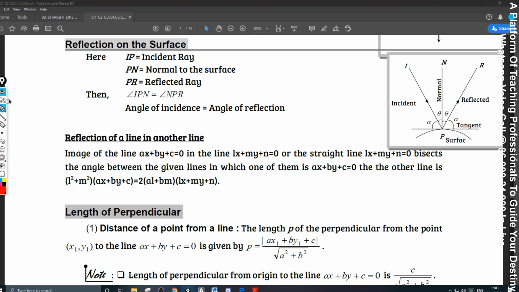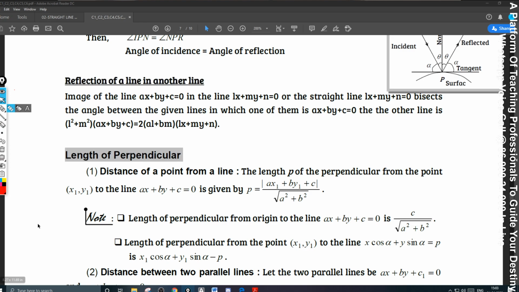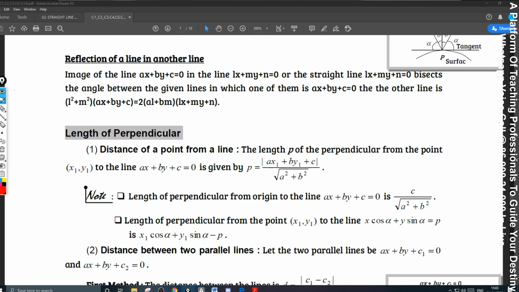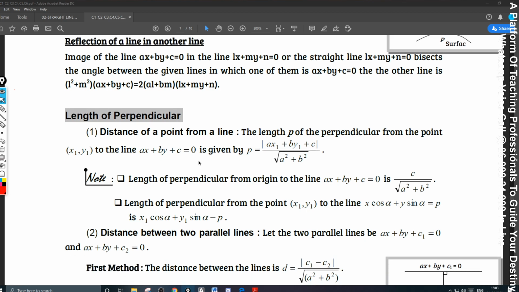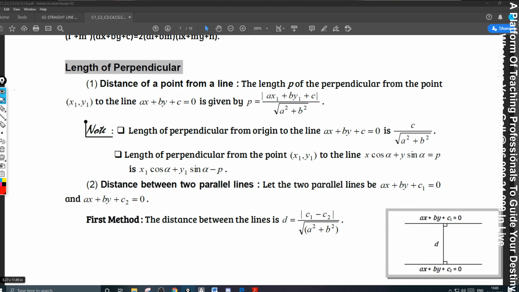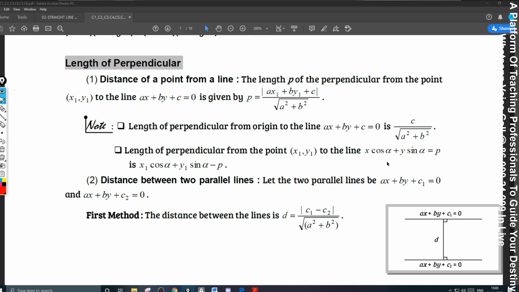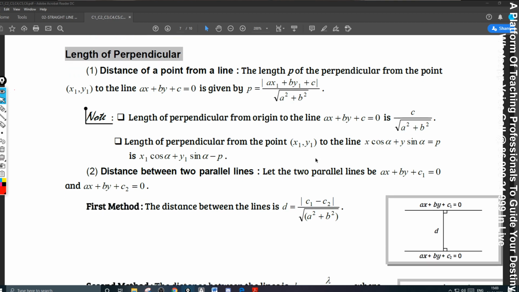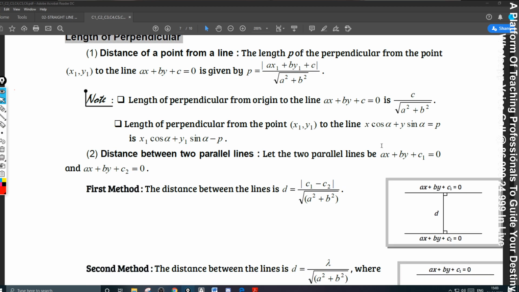Now the perpendicular distance, just now I derived it. This is the distance of a point from a line: the length p of a perpendicular from the point (x1, y1) to the line is modulus of ax1 plus by1 plus c by root over a square plus b square, and from the origin it is mod c by root over a square plus b square. And the normal form, just now I used it, is x cos alpha plus y sin alpha equal to p.